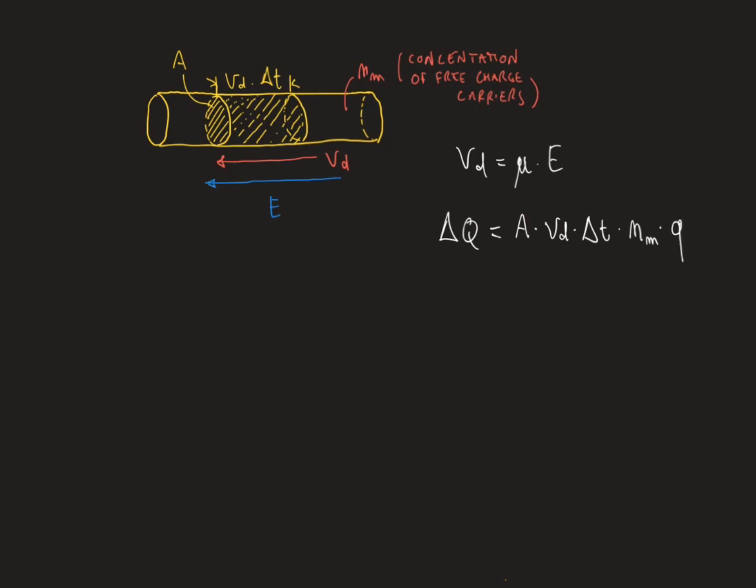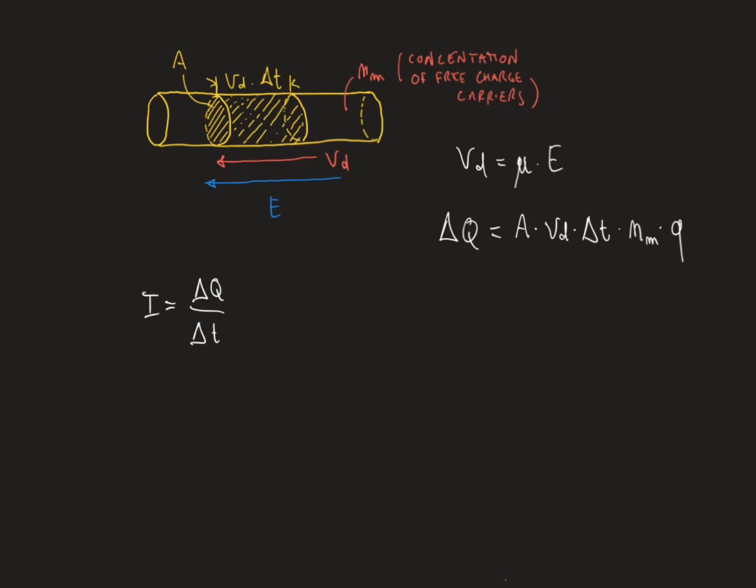Now, by definition, the current flowing through the wire, the current I, is given by the ratio of the amount of charge delta Q passing through the section A in a time delta t and the time delta t.